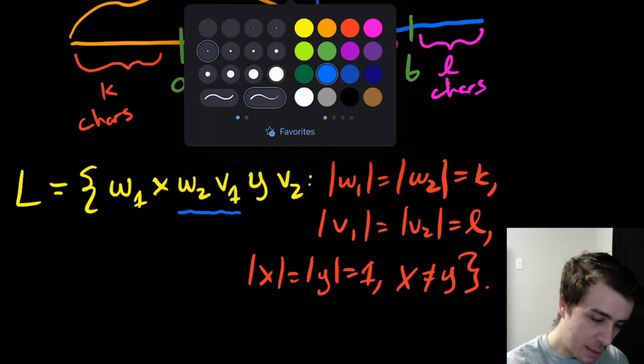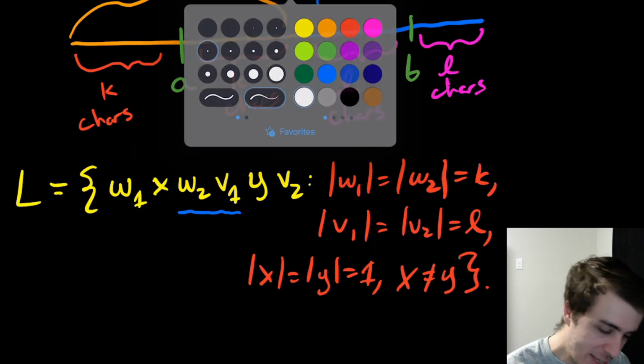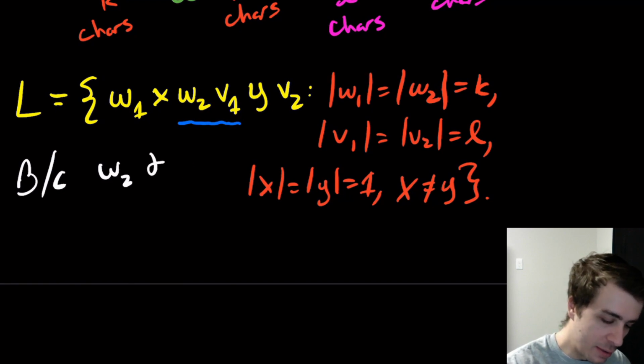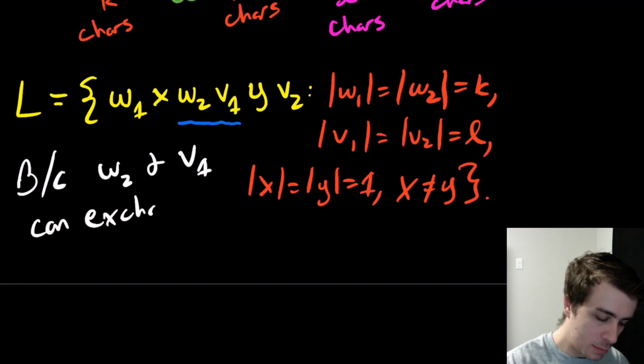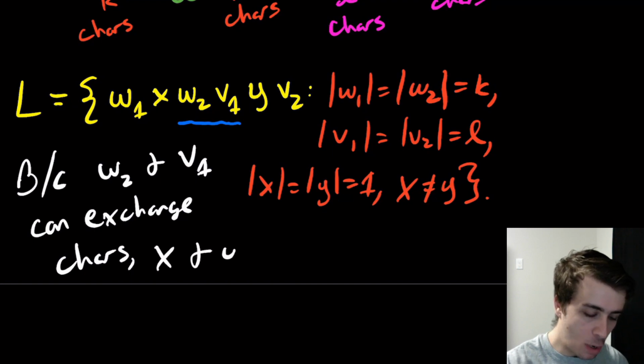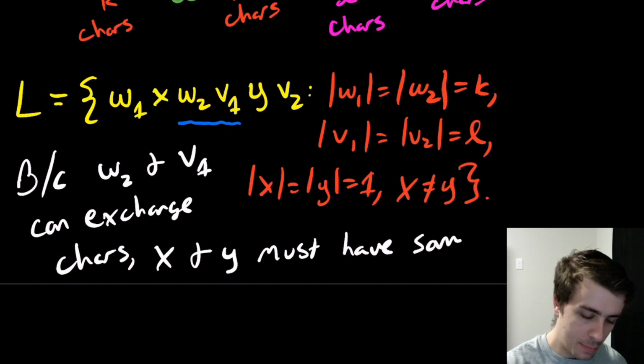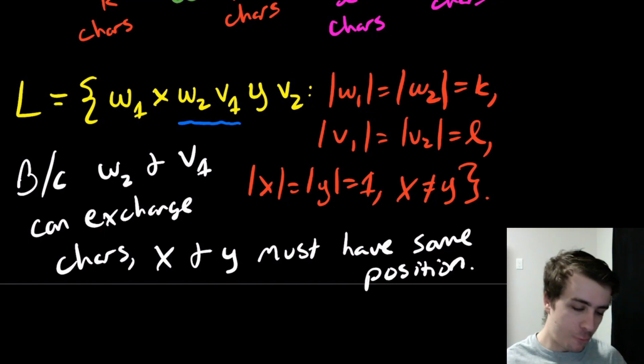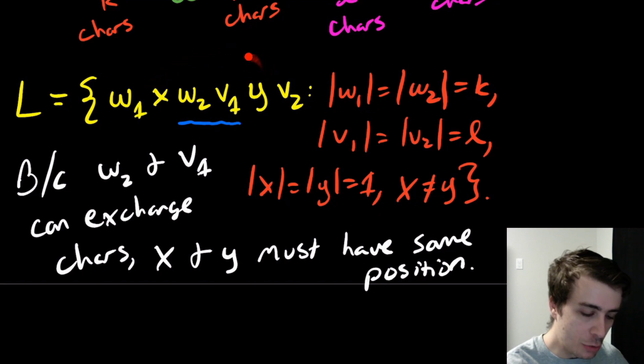So, let me use white. Because W2 and V1 can exchange characters, X and Y must have the same position. And then therefore, that forces there's a difference in the two halves.